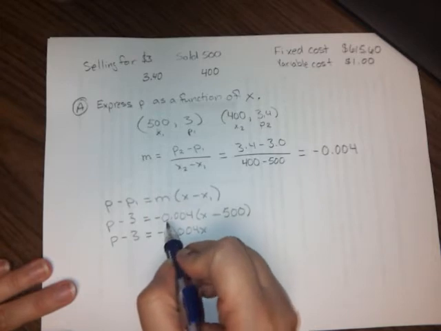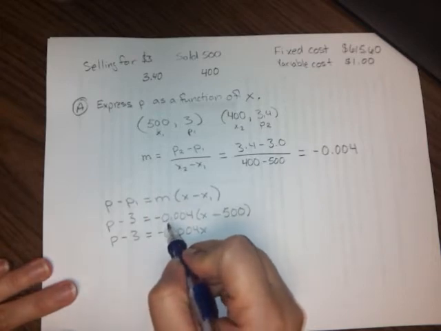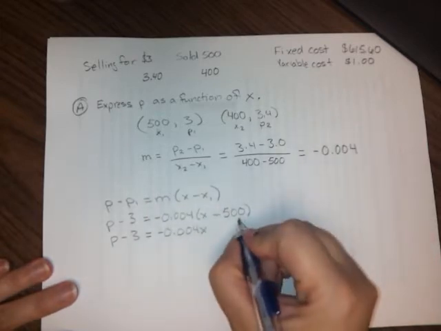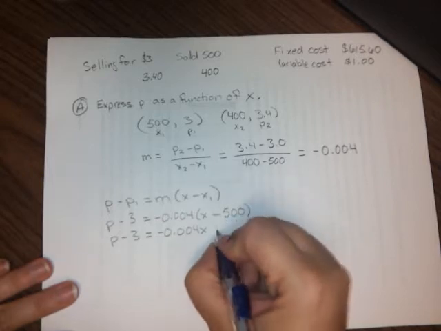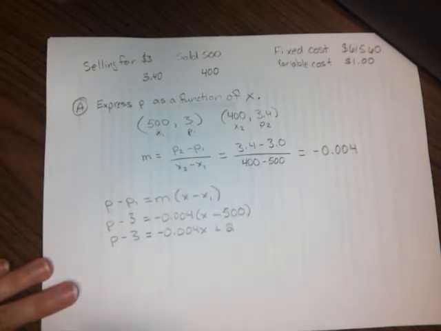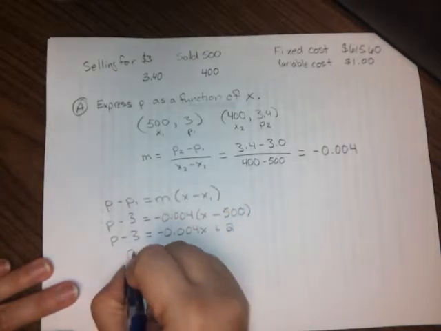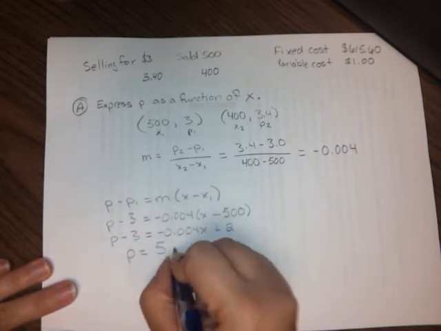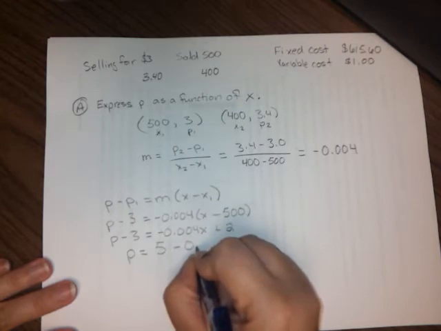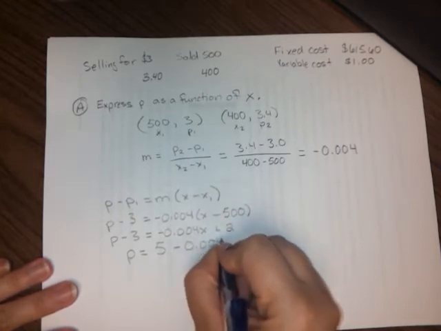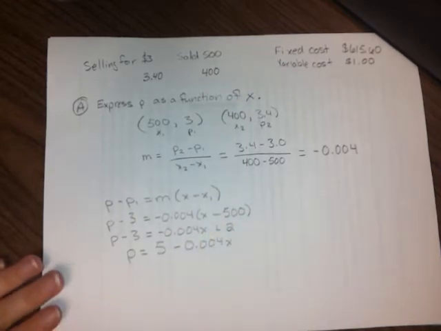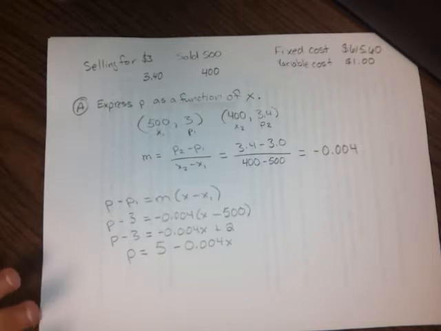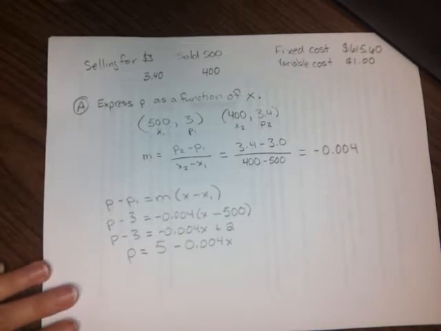And if you multiply negative 0.004 times negative 500, you're going to get a positive 2. All right, and then if I bring that 3 over, I'm going to get p equals 5 minus 0.004x. All right, so that is my price demand function.